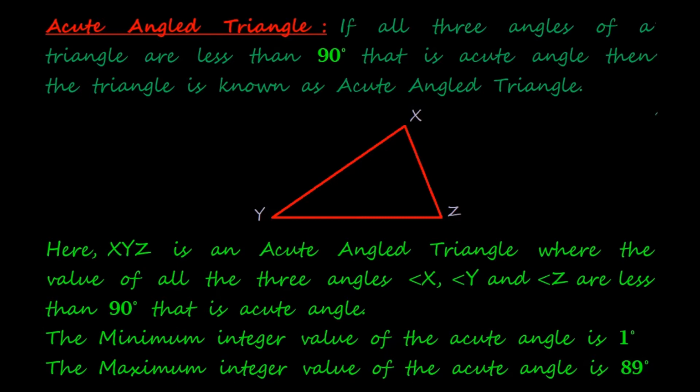Here in the figure, we can see a triangle XYZ, and in triangle XYZ, all the three angles X, Y, and Z are less than 90 degrees. That means all of them are individually acute angles. In an acute angled triangle, the minimum integer value of the acute angle is 1 degree, and the maximum integer value of the acute angle is 89 degrees.